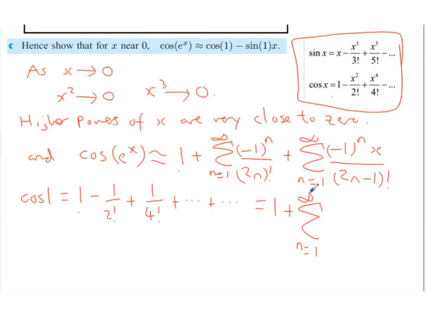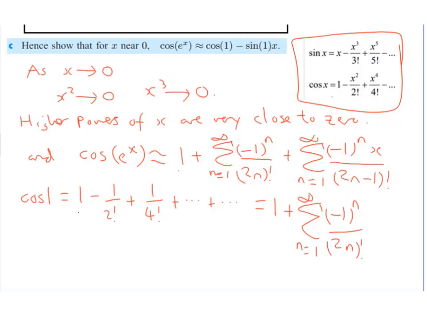Now remember, I'm only considering the factorial bit. There's a power in there. The first one's negative, so it must be minus 1 to the n over 2n factorial, because it's 2 factorial, 4 factorial, 6 factorial. So already, you remember what we're trying to show?